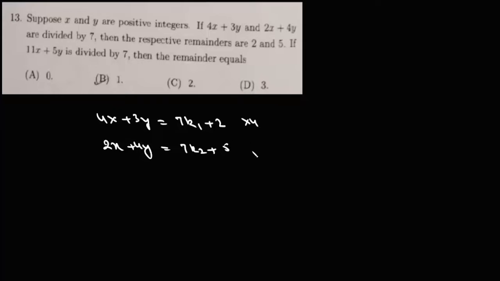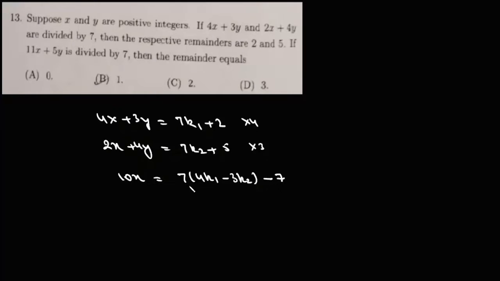We'll multiply this with 4 and this with 3. So there'll be 16x minus 6x. So we'll get 10x, and here we'll have 7 times 4k1 minus 3k2, and this is 8 minus 15, and there'll be minus 7.